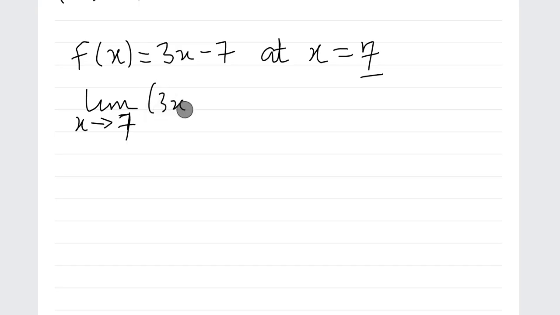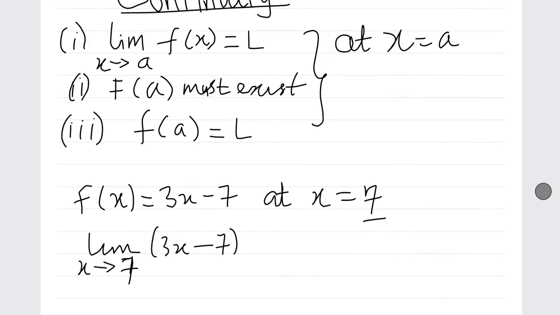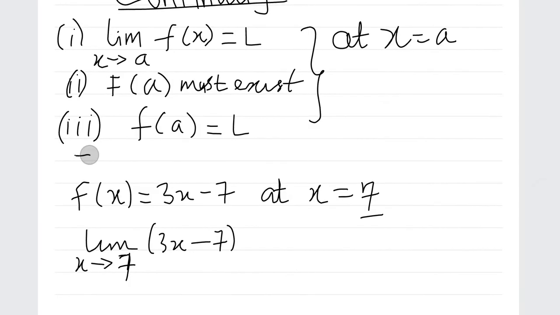This is your f of x. This is example 1. If you want to do this limit, you just put this 7 directly anywhere you see x.